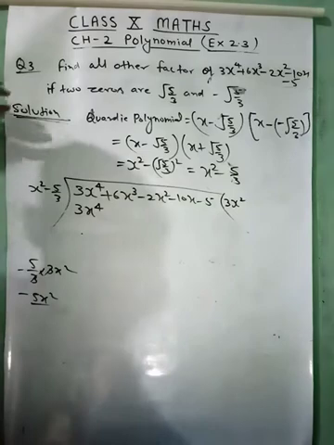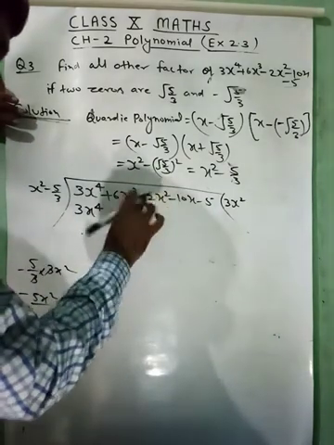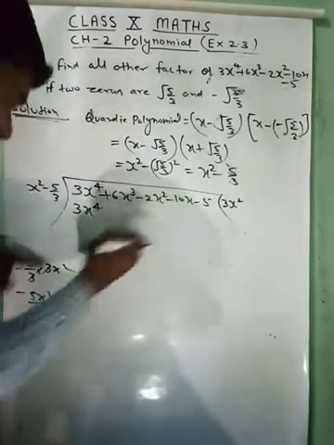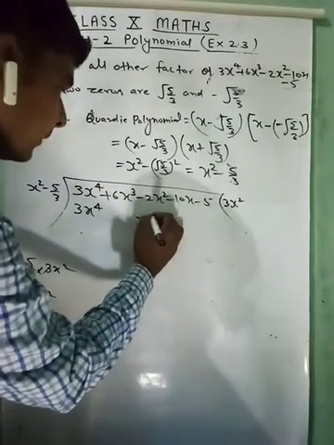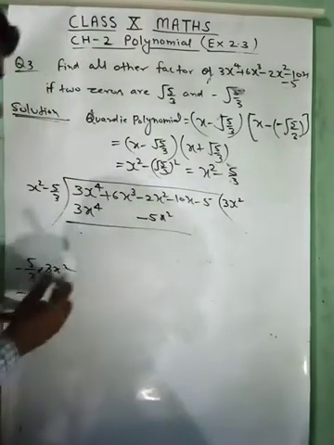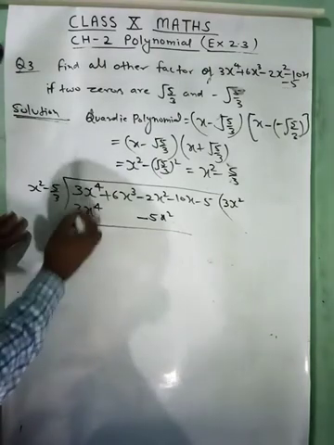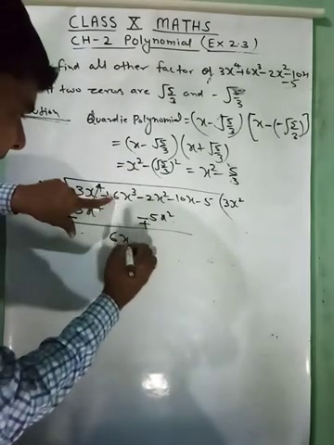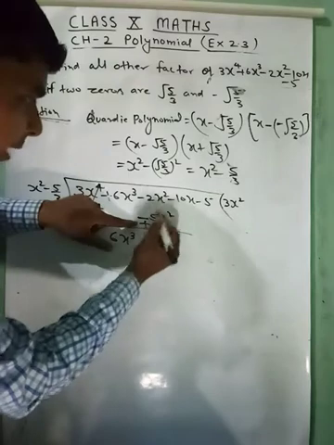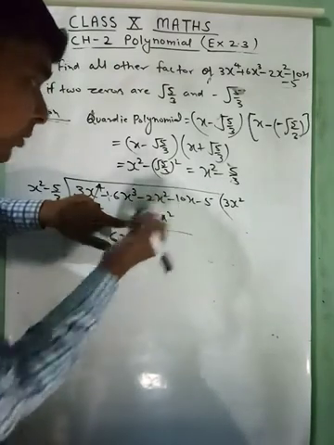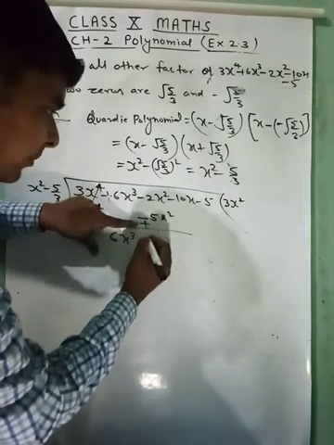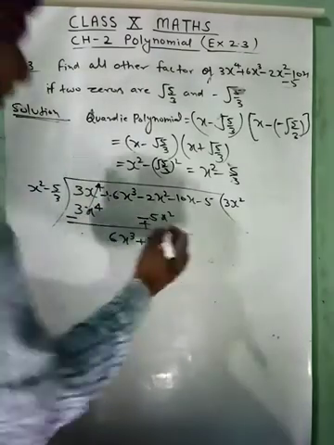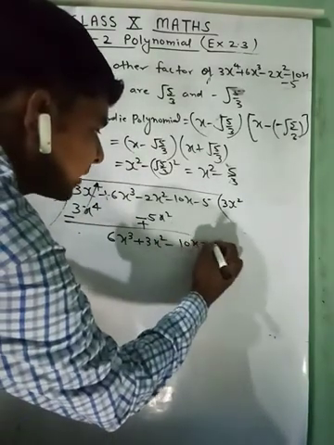See here, where is x square? Here is x square. So below it we write minus 5x square. Now we have to change the sign: negative, negative, positive. This will be cancelled. 6x cube is a positive sign, the other a negative sign. So when minus 2x square is subtracted from minus 5x square, we get 3x square, then minus 10x minus 5.